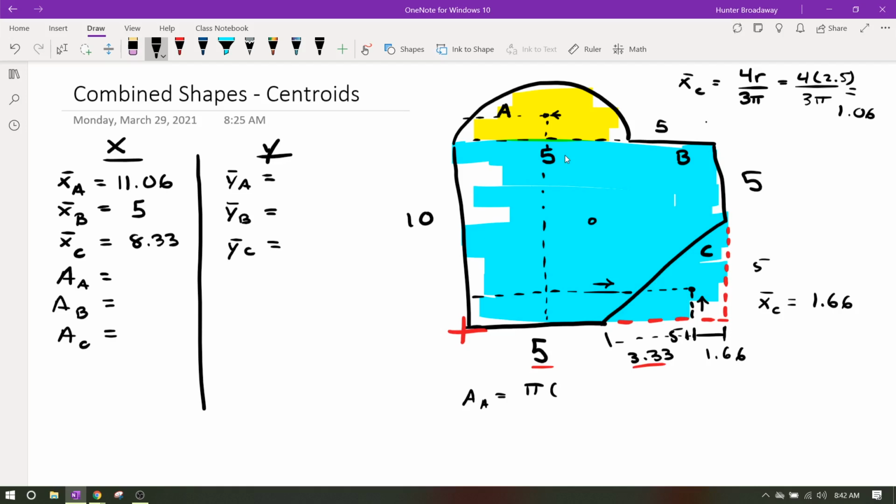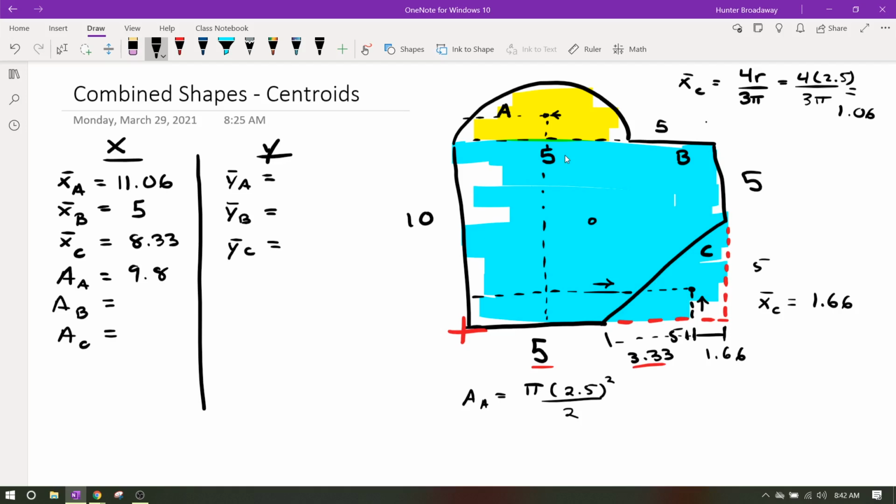It's not 10. It's not 5. 2.5. So we're going to do 2.5 squared, and then we're going to cut it in half. So y'all double check me. Pi times 2.5 squared divided by 2. Everybody got 9.8? Okay. 9.8 units squared.